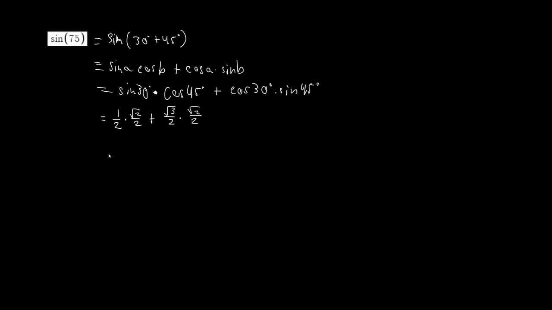Okay, so now let's multiply the fractions. So 1 times square root of 2 will be square root of 2, all over 2 times 2 is 4. Plus, how about this one? We have a radical term times another radical term. The similarity between the two is the root. They're both square roots. But the main difference is the radicand, 3 and 2.